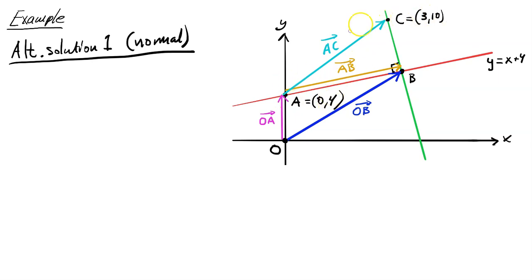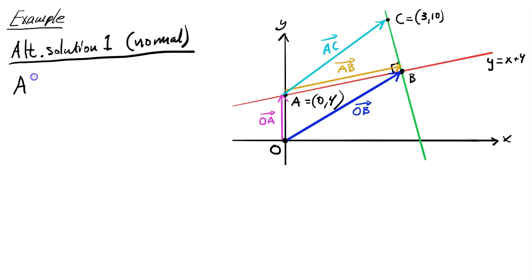So we know the coordinates, so we can figure out what AC is. If we project this one down onto the red line, then we will get the yellow one. And having the yellow one, then we can just add the pink one, then we will get the blue one. And then we are done. So that's our plan. First we have to find out what AC is.